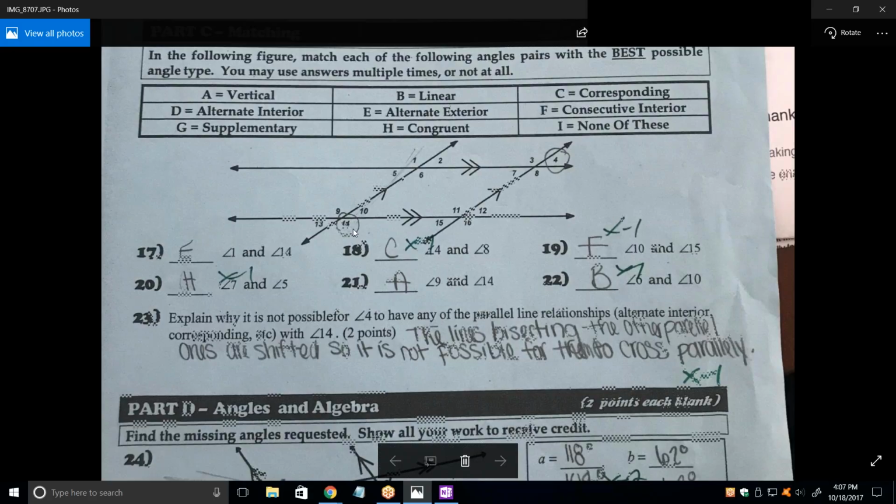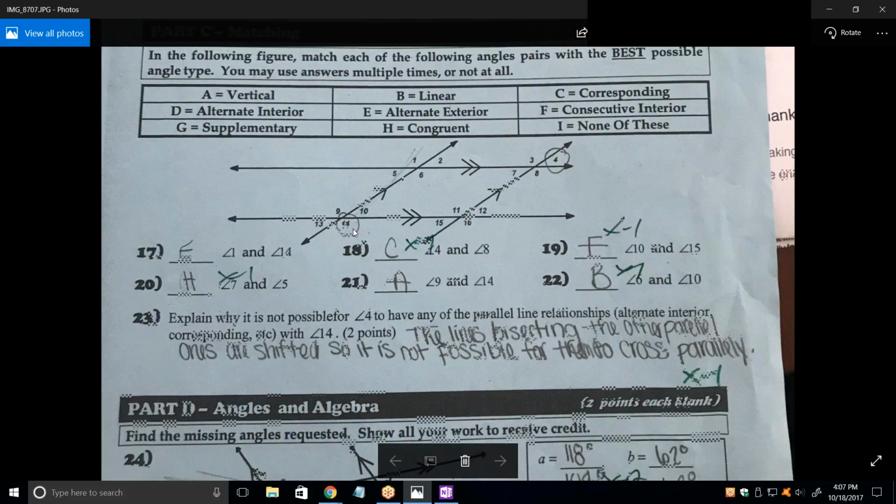The line bisecting the other parallel one is shifted, so it is not possible for them to be cross-parallel. Well, actually we do know what the relationship is between angle 4 and angle 14. They're supplementary. One's acute, one's obtuse.